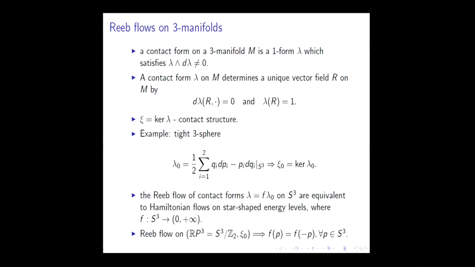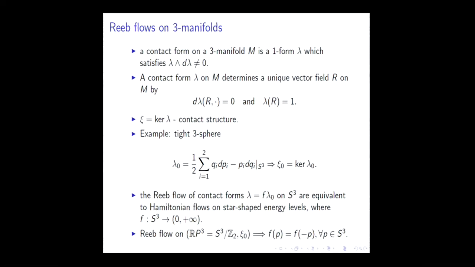If we consider the Liouville form inside R4 with these q, p coordinates, then if we restrict this one-form to the three-sphere, it's a contact form producing the Hopf fibration. But we can consider smooth functions multiplying this contact form to study other Hamiltonian flows on a general star-shaped hypersurface in R4.